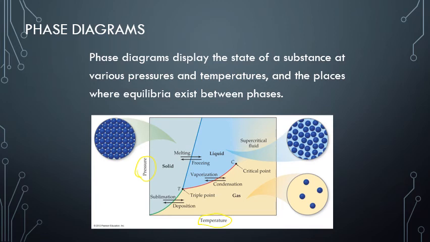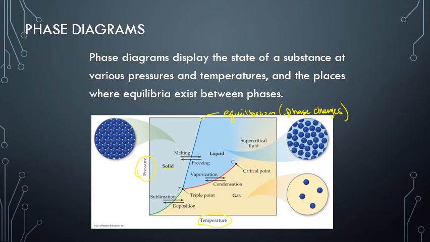All the different lines that we see here, the boundaries between the different colors, are the areas where we have that equilibrium taking place. So again, that is where we would see the phase changes at a specific temperature and pressure. You can see I have the solid over to the left, which makes sense, because at the lowest temperatures I should have the solid, then the liquid in the middle, and the gas down on the bottom.